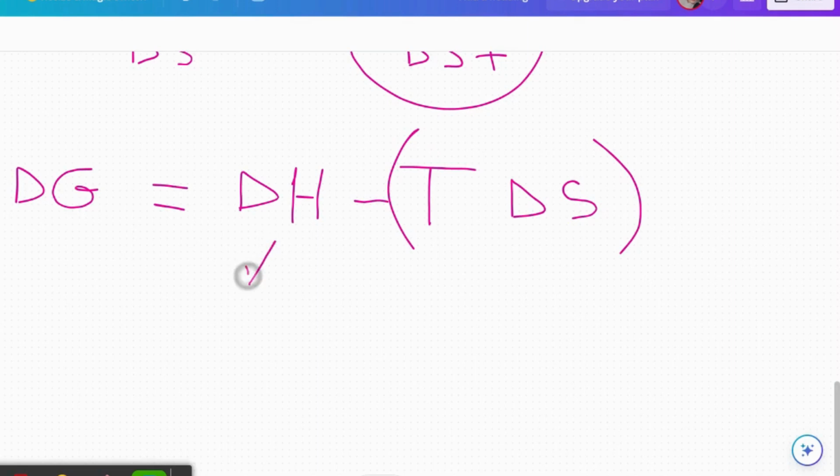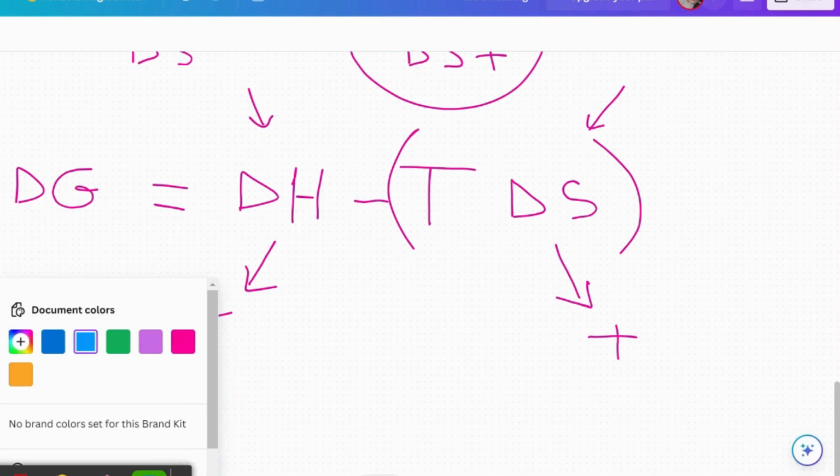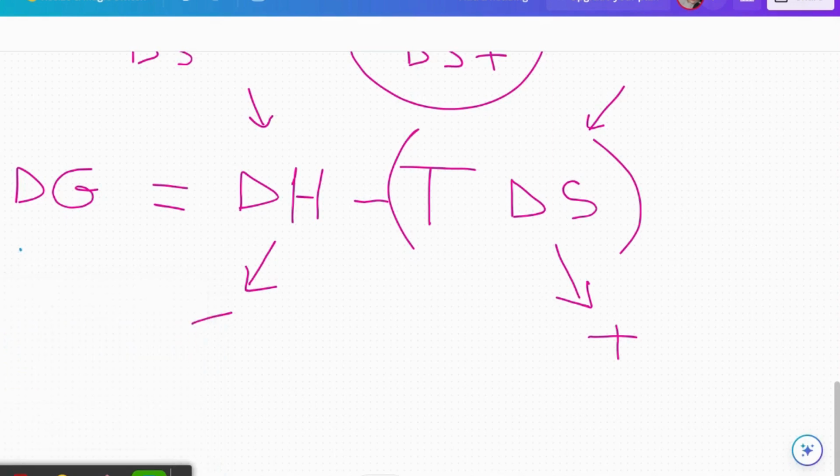Now we prefer for delta H to have a negative sign and for delta S to have a positive sign. If it is an exothermic reaction with high entropy, then the reaction will be spontaneously favorable. Favorable means it doesn't need extra energy from the surroundings. So delta G is spontaneous if it has a negative sign, and it is preferable.